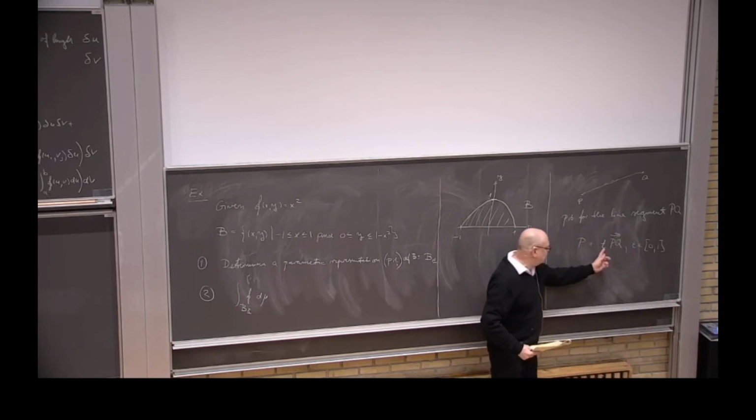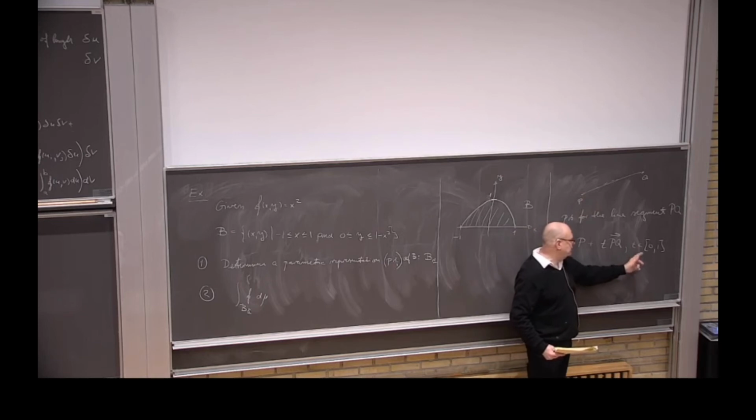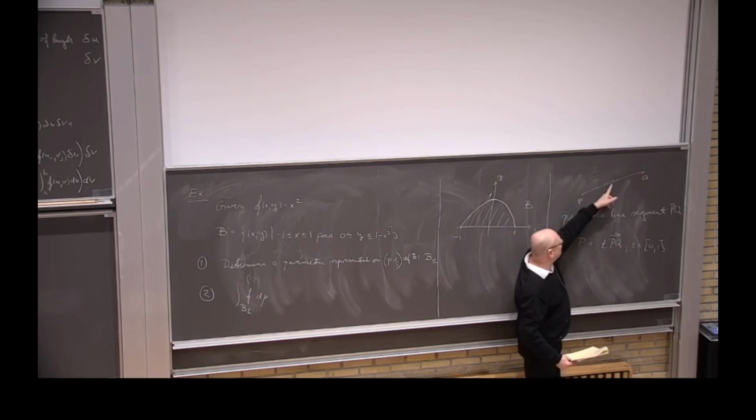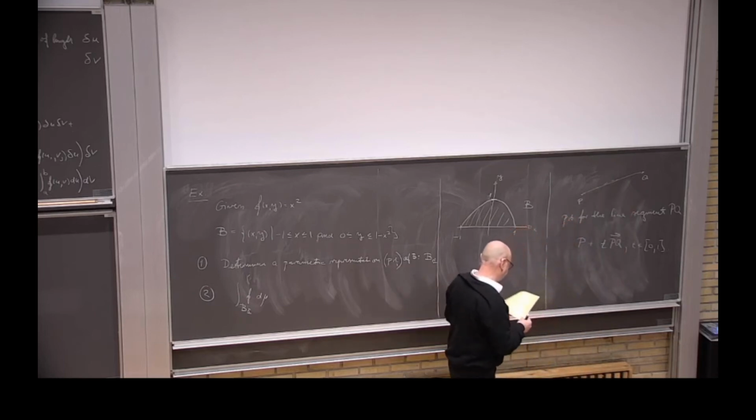You see, if t is equal to 0, there's nothing to add, so you are in P. If t is equal to 1, then you are at this point. If t is 1/2, you are at the midpoint, and so forth. In this way, you can reach any point on this line.